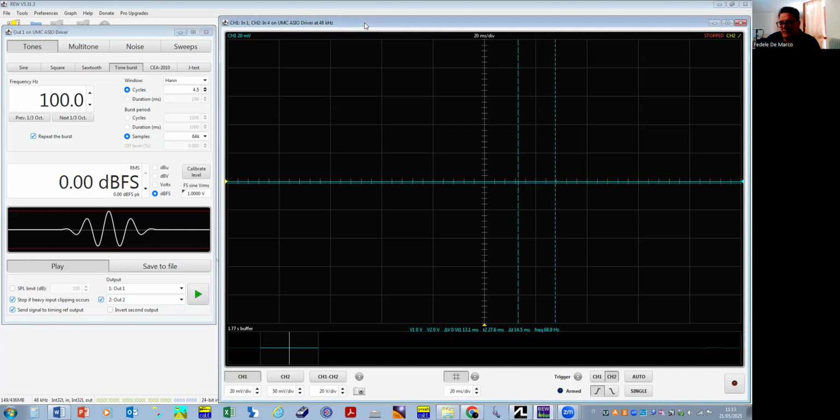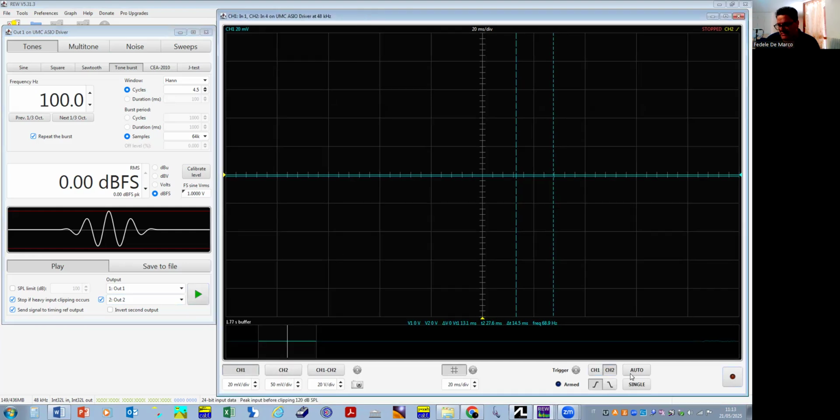And the scope has many parameters, many setups. I leave all these by default. I select channel 1 for the visualization, and I armed the trigger to follow the channel 2, the reference. Okay.